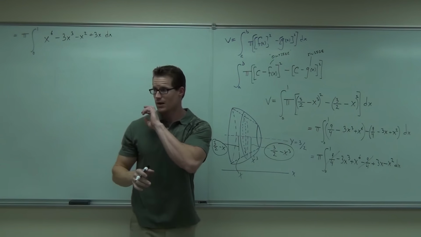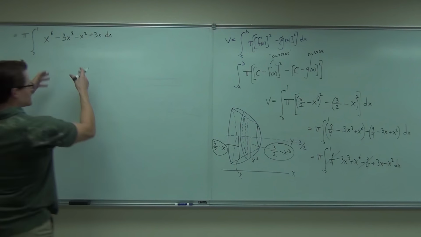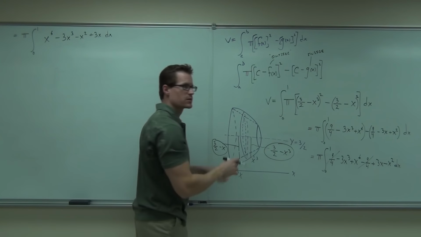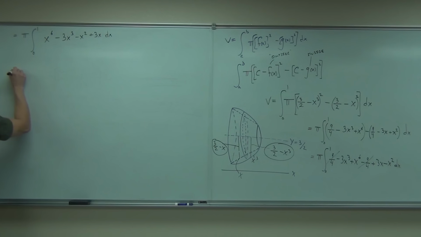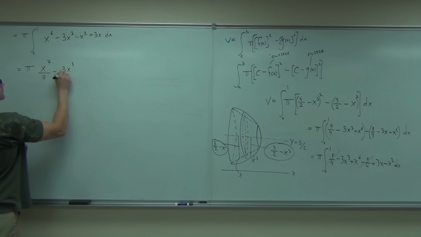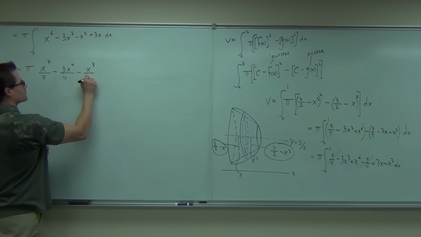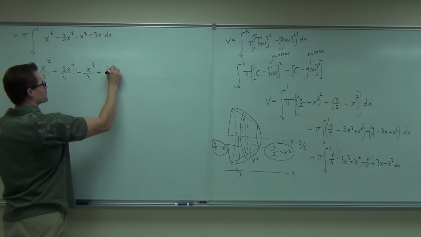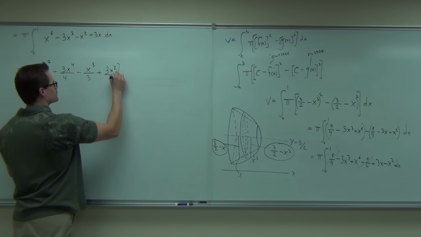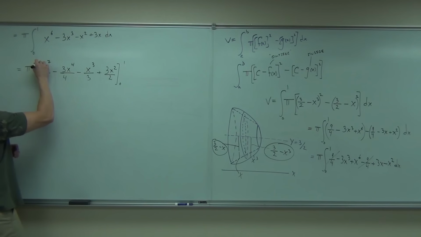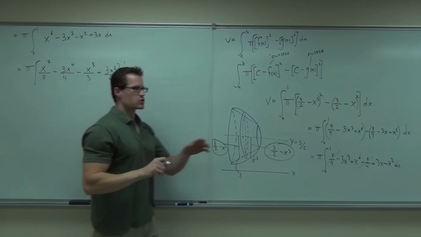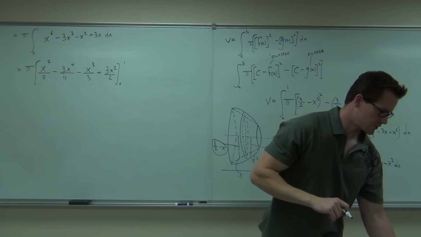Can you do the integral? Of course. It's actually not bad, right? It's the setup that's hard. It's understanding that. Let's check your integral against my integral, and make sure we both did them right.